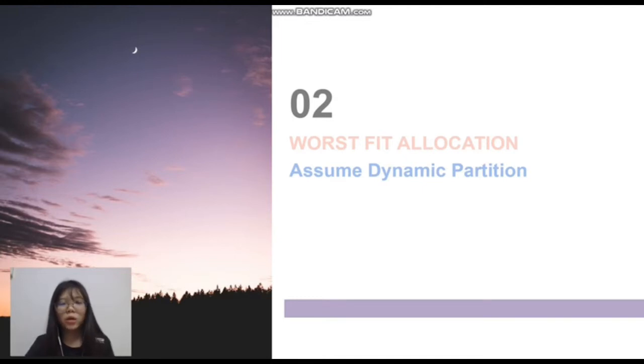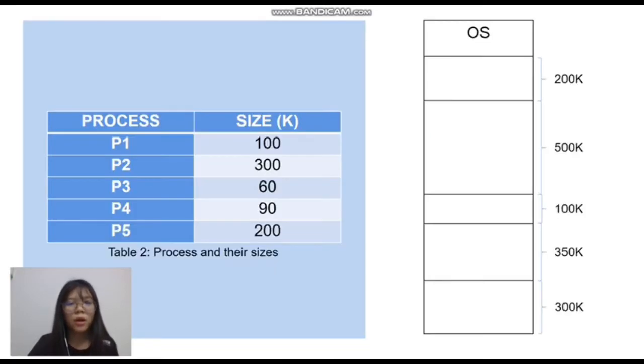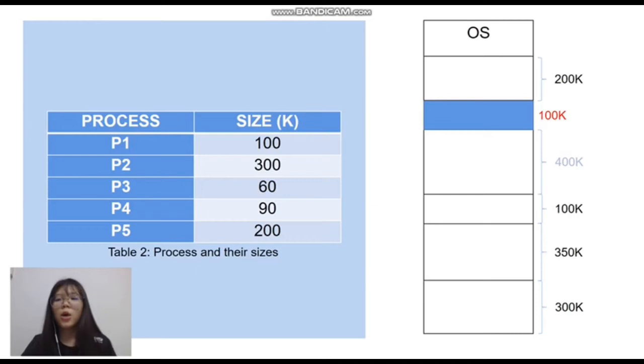Next we will look at another example of WorstFit allocation by assuming dynamic partition. We will use the same data set from the previous example. Same as before, P1 will be inserted into the 500K, which is the second block, and now P2 with the size 300K will be inserted into the second block with the internal fragmentation of 400K.